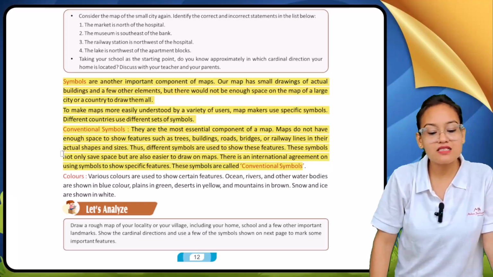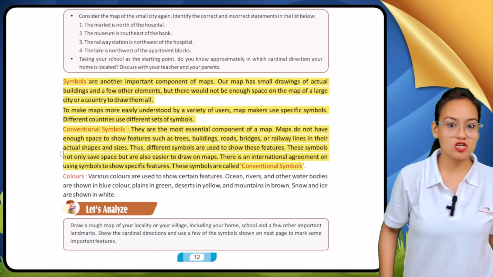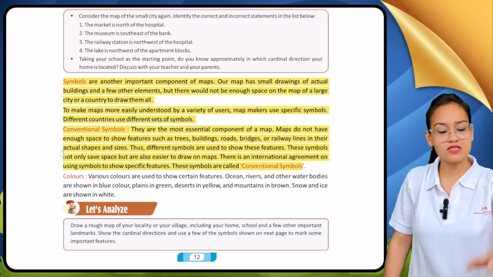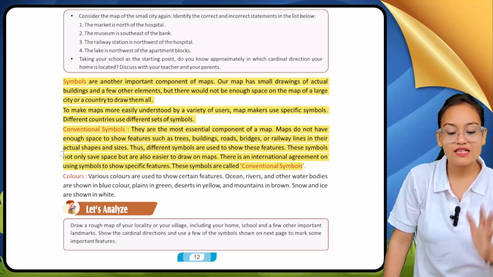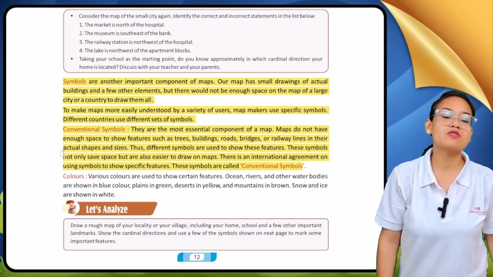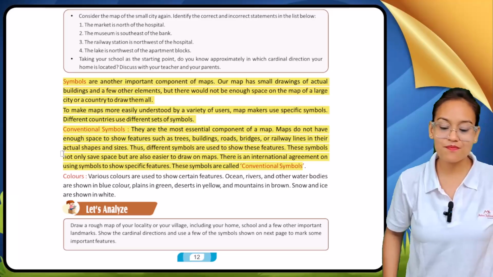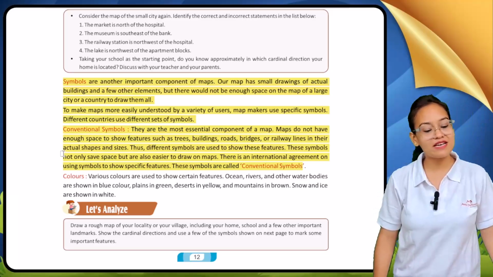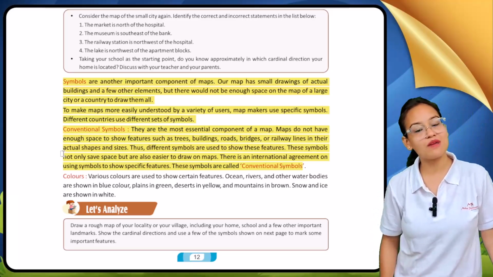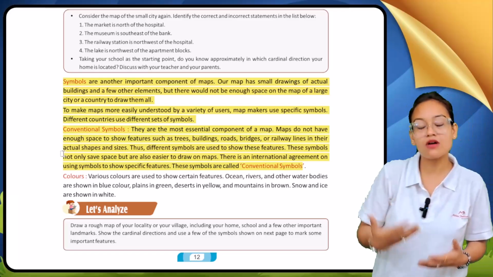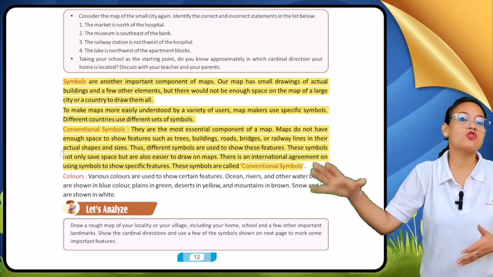Thus different symbols are used to show these features. These symbols not only save space but are also easier to draw on a map. And by using these conventional symbols we can also reduce the consumption of our time.